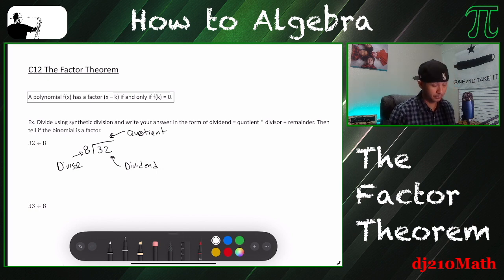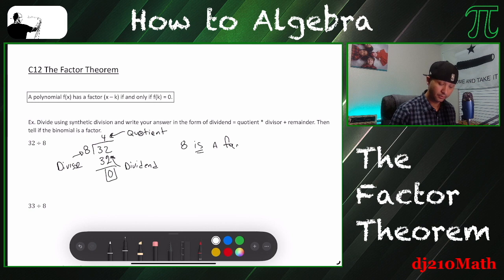That's pretty standard, we already know this. But just to demonstrate, 8 goes into 32 4 times. 4 times 8 is 32. We get a remainder of 0. So this means that 8 is a factor of 32.